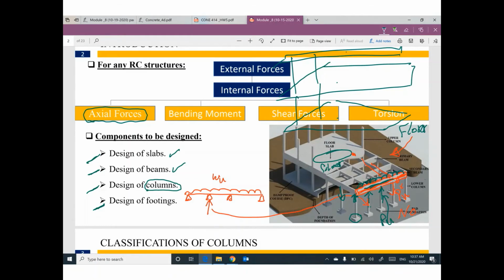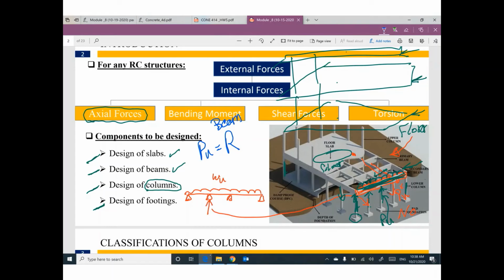But the reaction coming from this beam is the reaction from this floor only. But this column is supporting this floor and this floor and this floor and this floor. So the value of P ultimate must be the reaction from the beam in one floor.